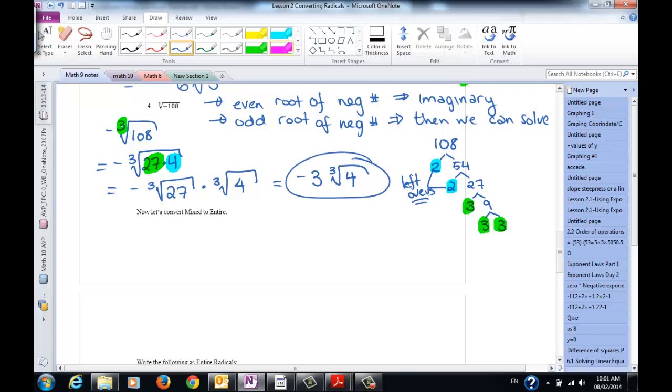Okay, and be really careful with the negative. I'm not going to put a negative anywhere else. It's just one negative. The number is negative. So when you're splitting that, just be very careful. The solution is going to be negative. The negative can come out because it's an odd root.